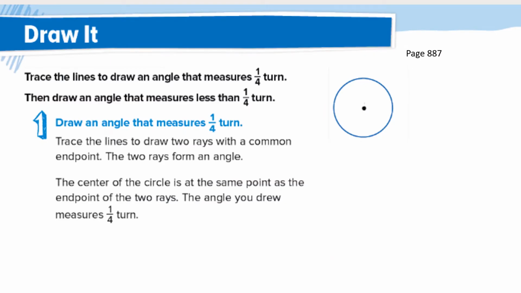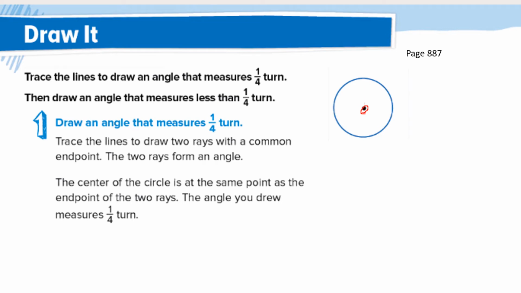So look on page 887, please. Trace the lines to draw an angle that measures 1/4 of a turn. Then draw an angle that measures less than 1/4. So the first part says to draw an angle that measures 1/4. You need to start your line here in the middle of the circle, because remember, angles share the same endpoint.